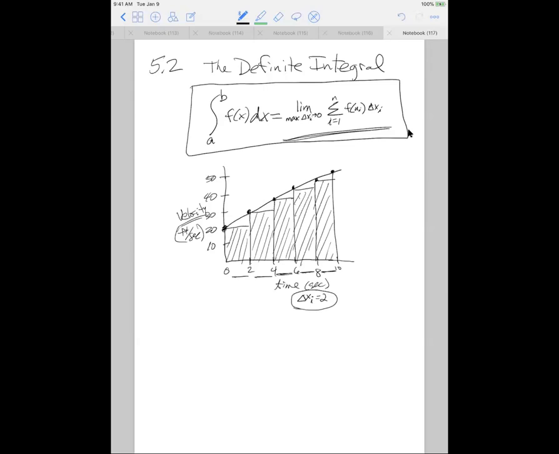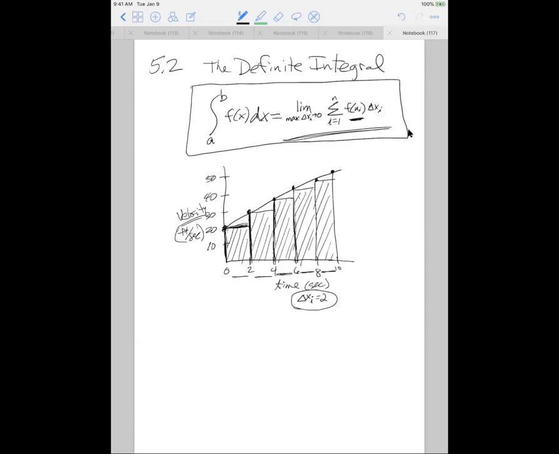Then the height of the rectangle, in our case, is determined by the left-hand side, the low end of each interval. We're starting here on the left-hand side, and that determines the height of our rectangle. So that turns out to be f of u sub i. The u sub i is some value inside the interval.